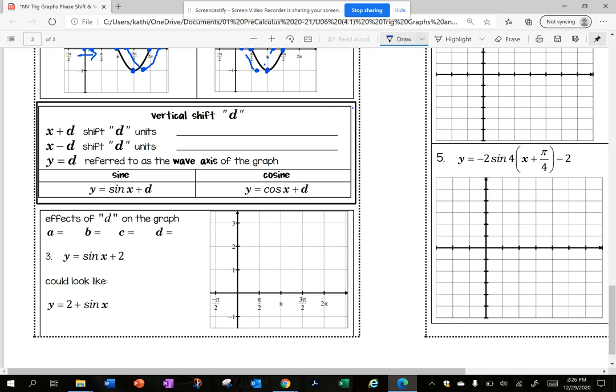Okay, my next transformation or parameter change is D, which is my vertical shift. So plus D shifts me up D units, and minus D, I'm going to go down D units.